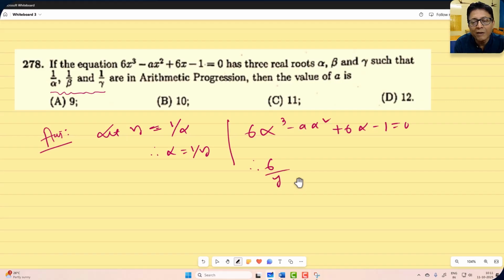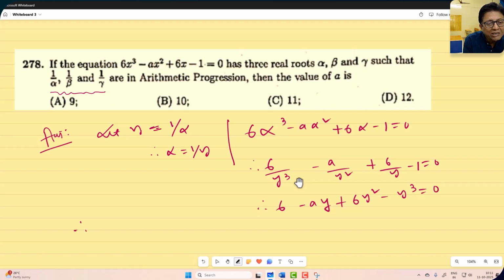So 6 by y cube, a by y square, 6 minus ay. So this equation is y cube minus 6y square plus ay minus 6 equal to 0.